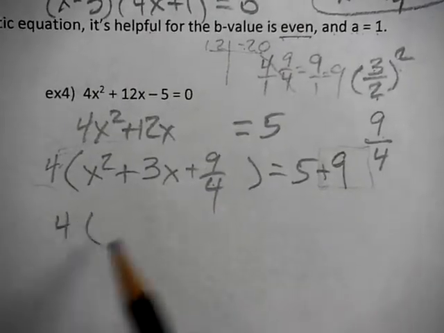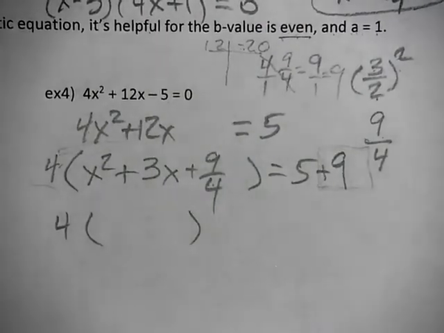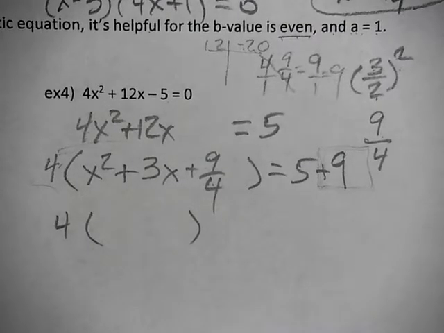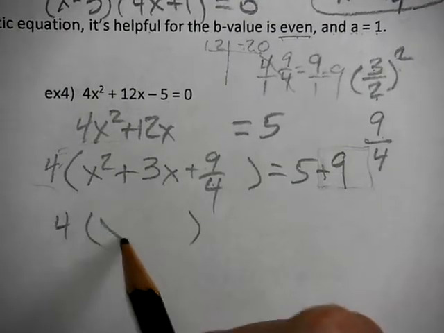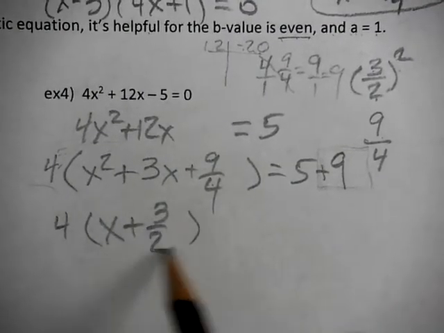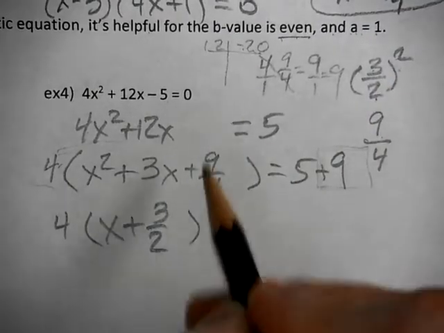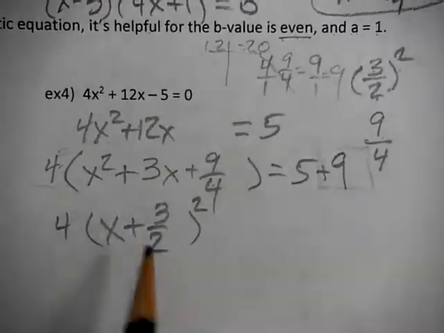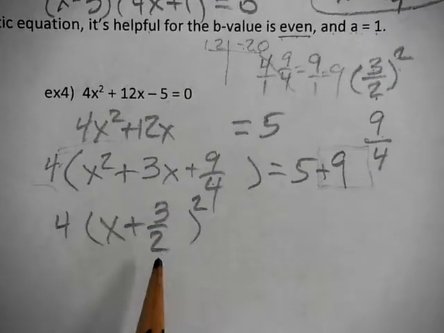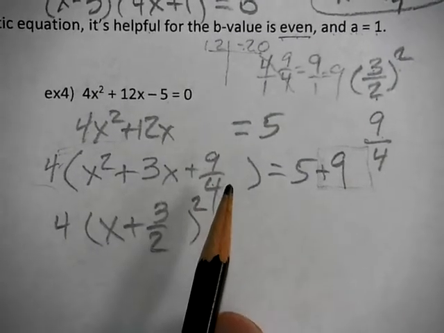So this is going to be 4 times what value? What value goes inside as our binomial squared? It's always the value that you're squaring that is going to be in here. You can think about 3 over 2 times 3 over 2 gives you 9/4.